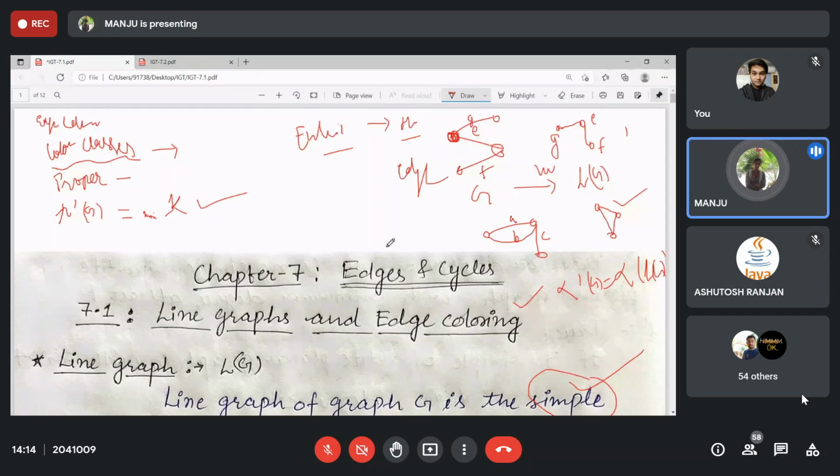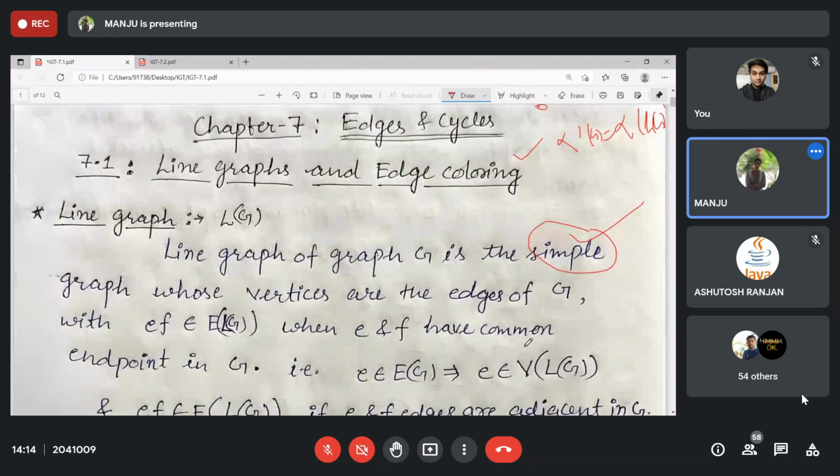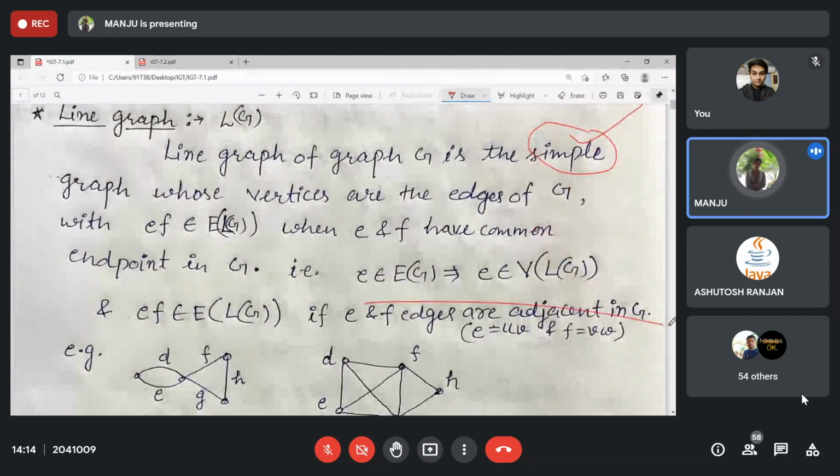And if you want to find the edge chromatic polynomial for this one, then try to find the line graph corresponding to G and find the vertex chromatic polynomial. That will be the same as this one. So here, edge becomes the vertex.